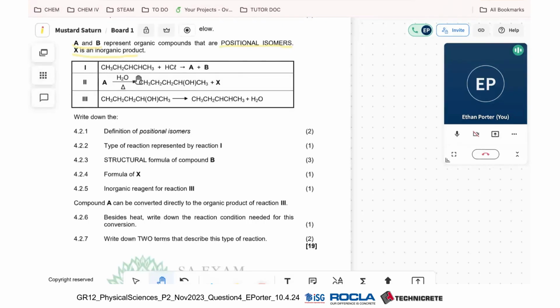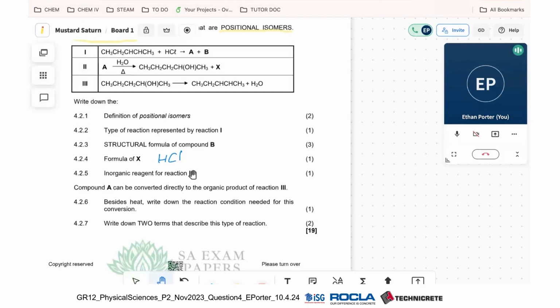This triangle just means heat, and we basically substitute the Cl for the OH. Essentially, we're going to regenerate HCl. So you don't have to work through this. You should just be able to see that from this reaction, we're going to regenerate HCl. So the formula of X is simply HCl. We're going to regenerate the acid.